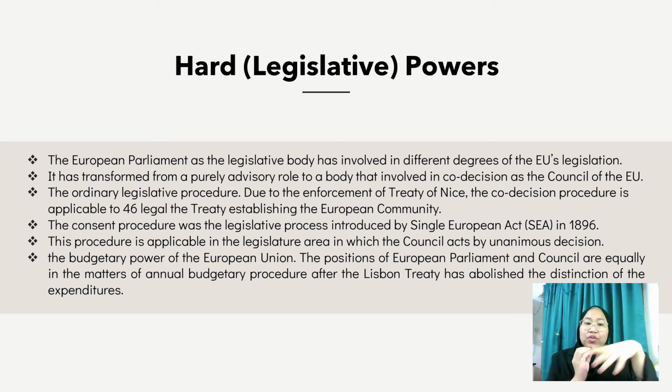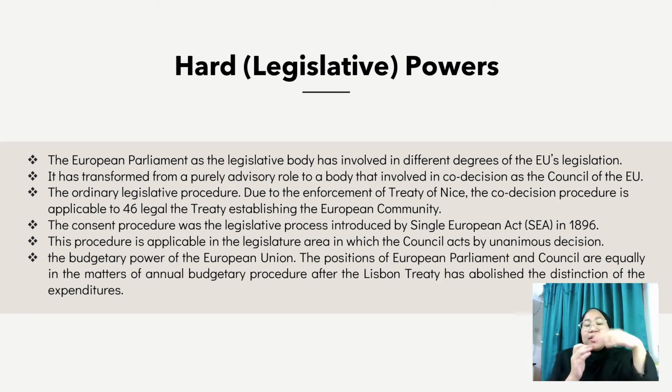the European Union. For the ordinary legislative procedure, due to the enforcement of the Treaty of Nice, the co-decision procedure is applicable to 46 legal bases in the treaty establishing the European Community. The consent procedure was the legislative process introduced by the Single European Act, or SEA, in 1986.